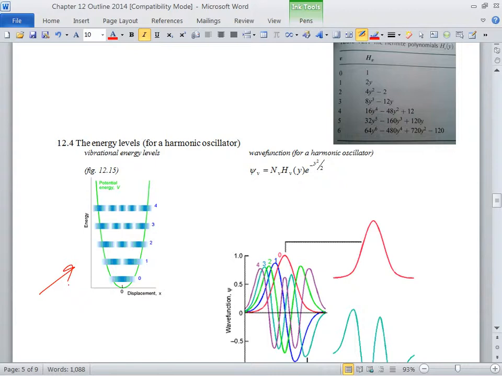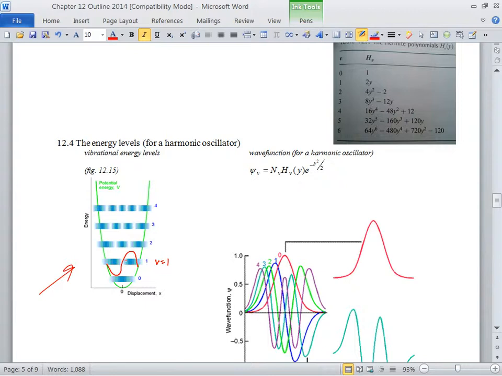And then for v equals 1, how would you draw it? Two humps, one going down. However you want to do it, just make sure that it crosses 0 in the center.